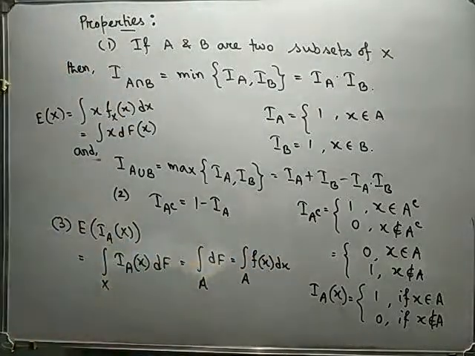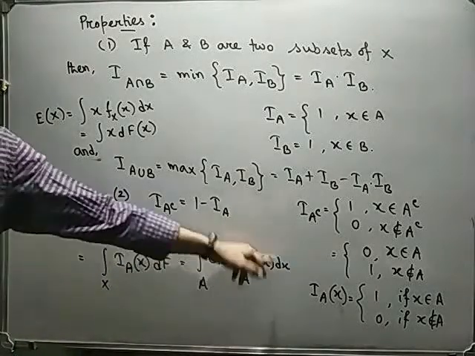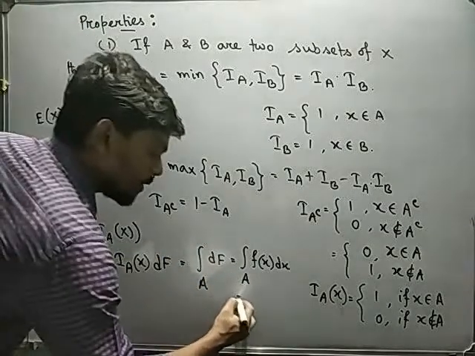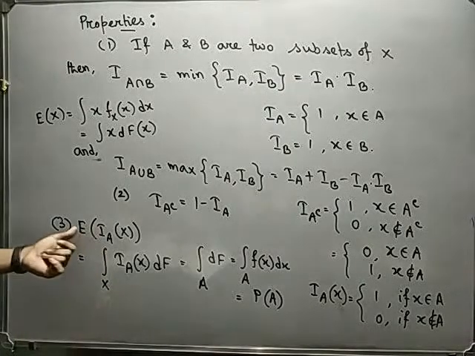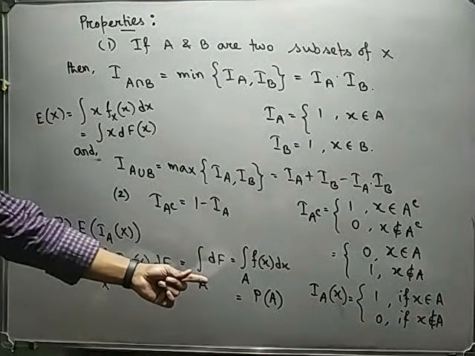Now d of f can be thought of as fx dx. If we do the integration of fx dx over some region capital A, that will give the probability of capital A. So the expectation of any indicator variable is basically the probability.